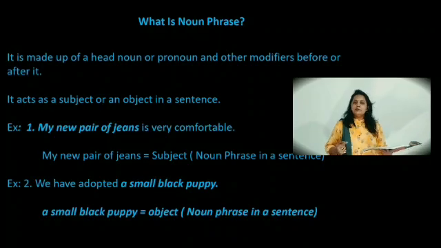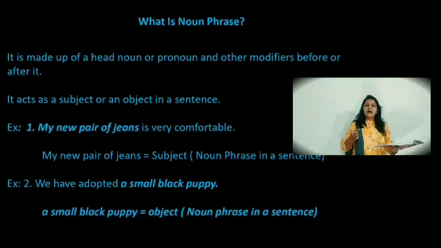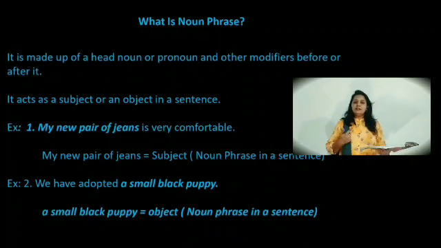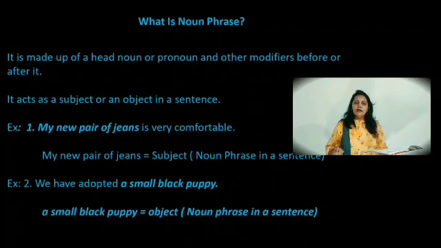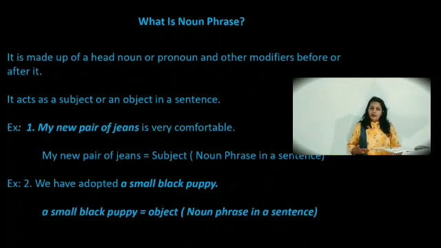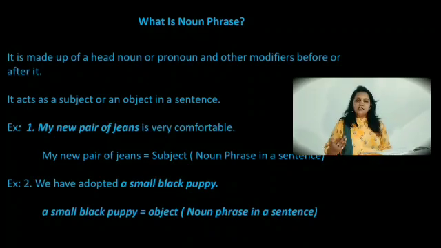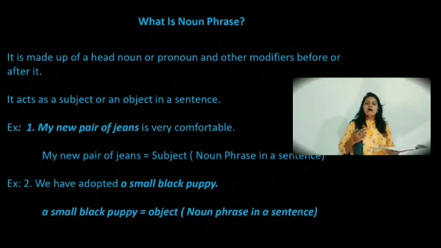My new pair of jeans is working as a subject in the sentence. So here, in the previous explanation it was said that the noun phrase works as a subject or an object of the verb. Now here my new pair of jeans is working as the subject of a verb. So here the head noun is jeans and the other modifiers are my new pair.